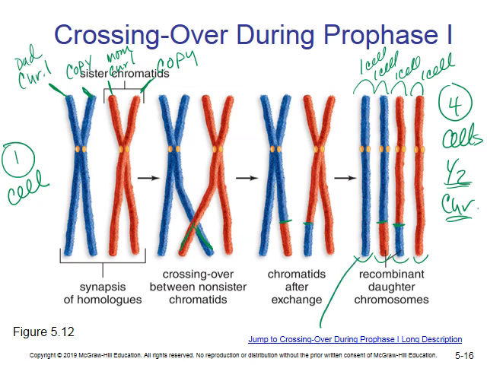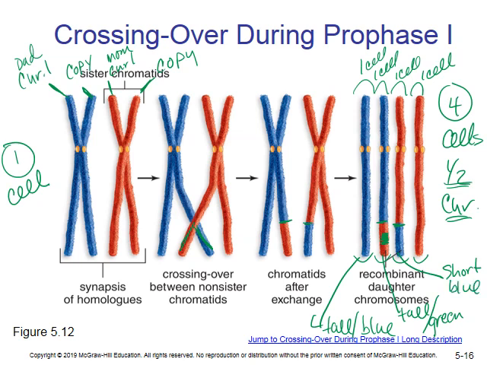This is why you could be tall and have blue eyes, just like your dad. You could be tall like your dad, but you have green eyes like your mom. Maybe your green-eyed allele is right there. Then this one here, you're going to be short like your mom. But guess what?